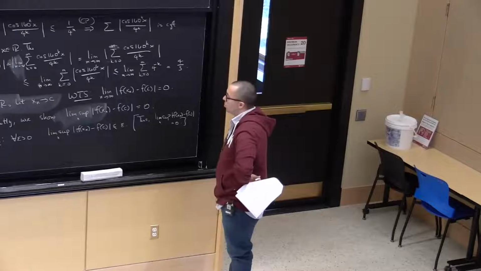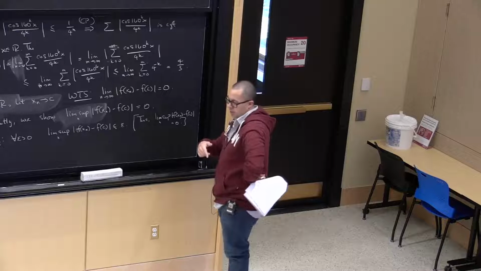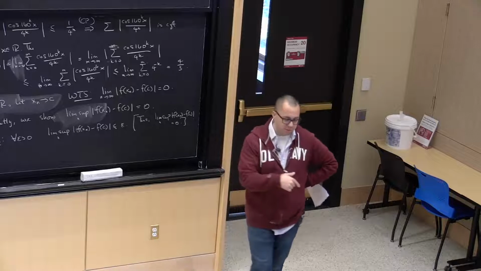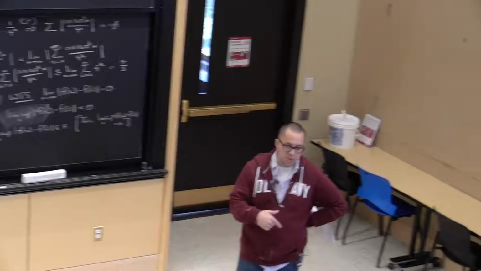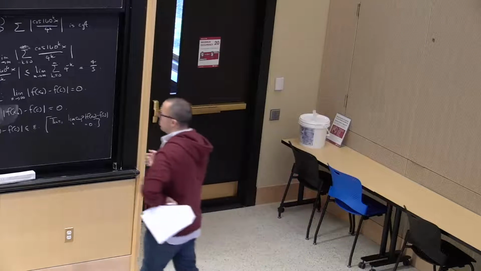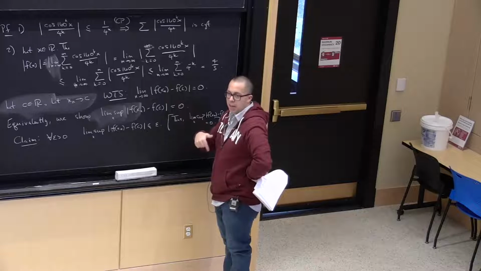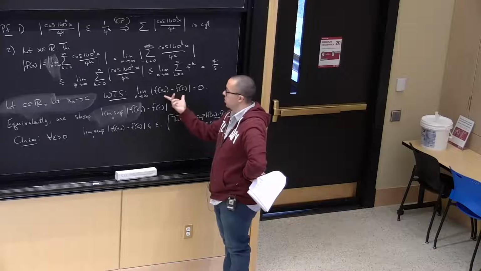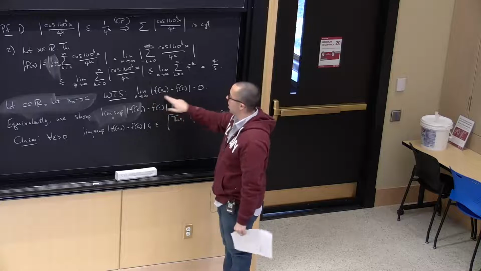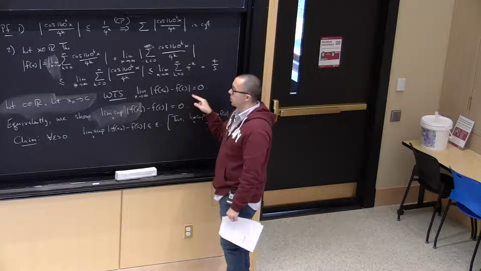And in another assignment, we proved that for a sequence of numbers, it converges to 0 if and only if the lim sup of the absolute value converges to 0. But this is a sequence of non-negative numbers, the absolute value of f of x_n minus f of c. So this is equivalent to this.